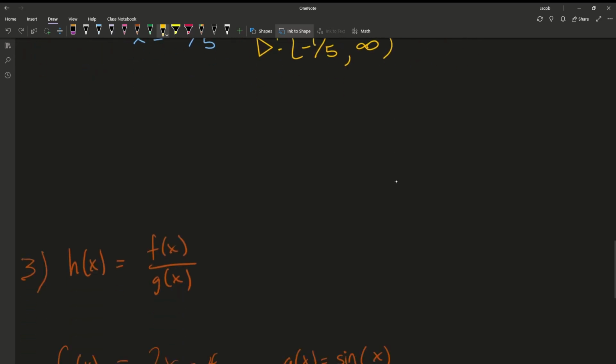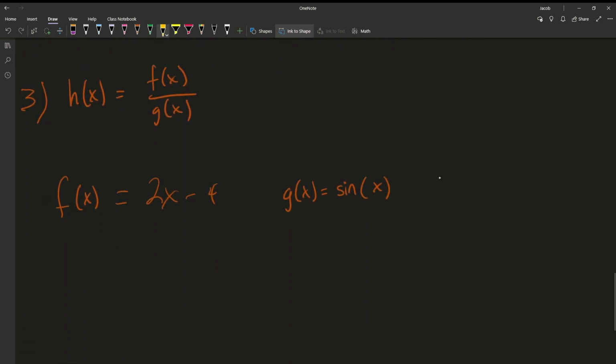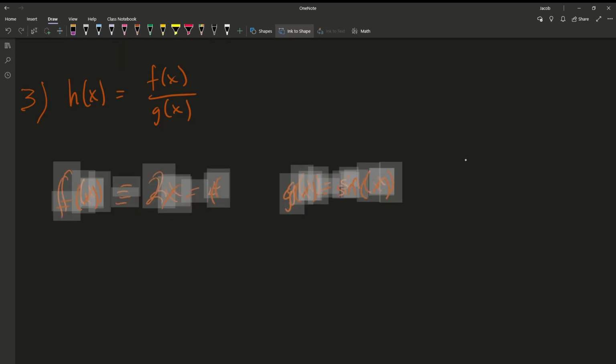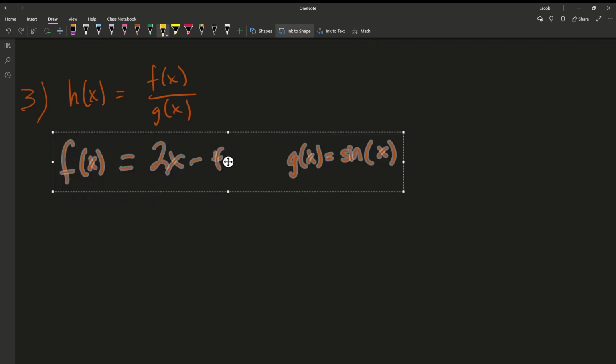Alright, last example. We're looking at division between a linear function and a trig function, specifically sine. Back at the beginning, I mentioned that there were two trig functions that have a domain of all real numbers. The rest of them, unfortunately, do not.